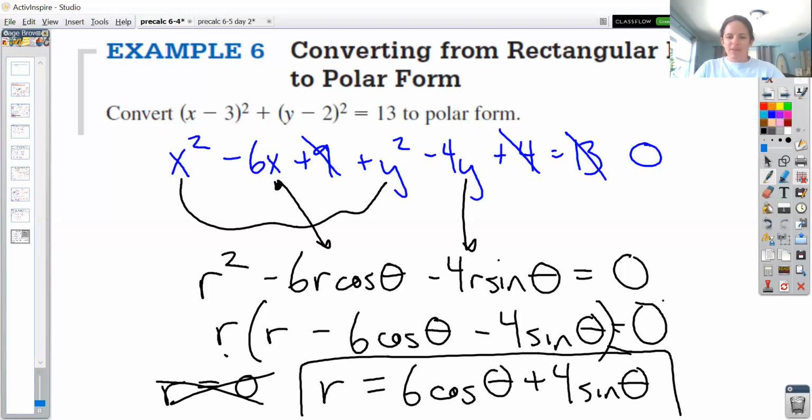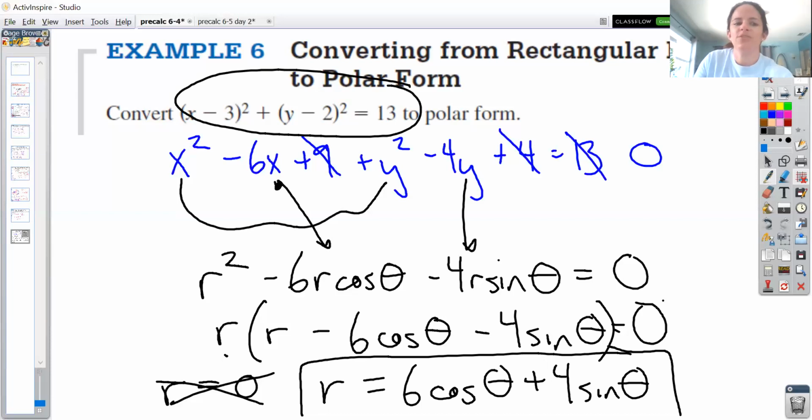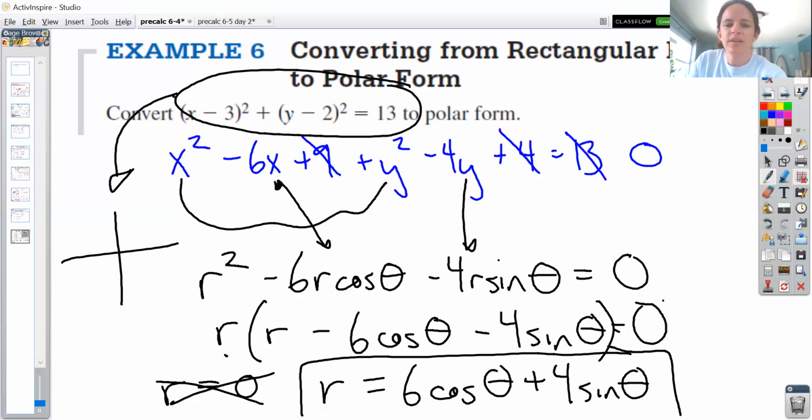is the same equation as what this equation would give you. And then what shape would that be? Let's think about it. Hopefully, you know that this is a circle of radius root 13 that's centered at the point (3, 2). So if it's radius of root 13, then turns out it goes through the origin.